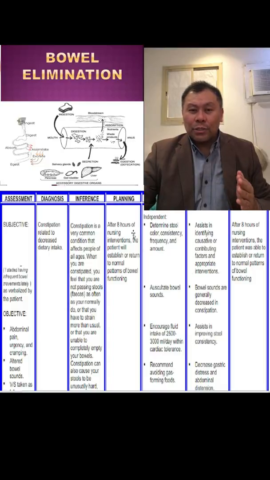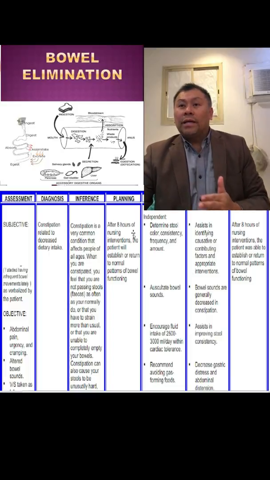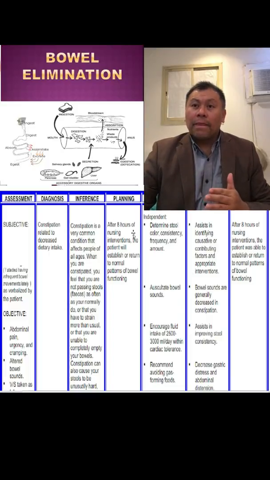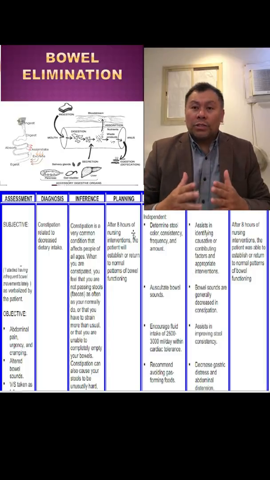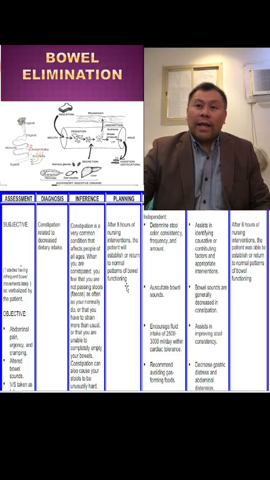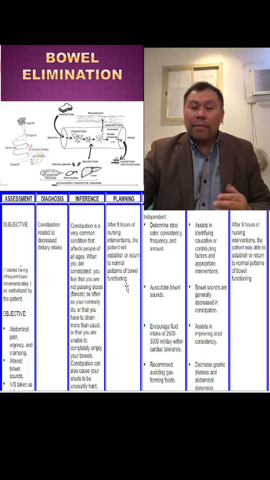So if you're having a duty of 6 hours to 8 hours, you are going to state that after 6 hours of duty and nursing intervention, the patient will be able to establish or return to a normal pattern of bowel functioning.